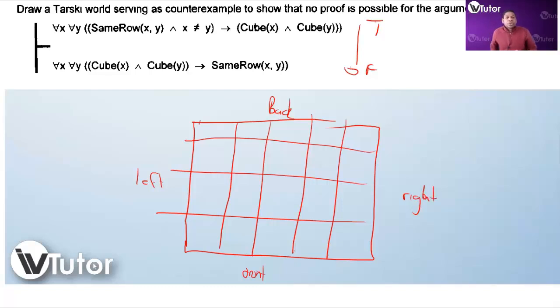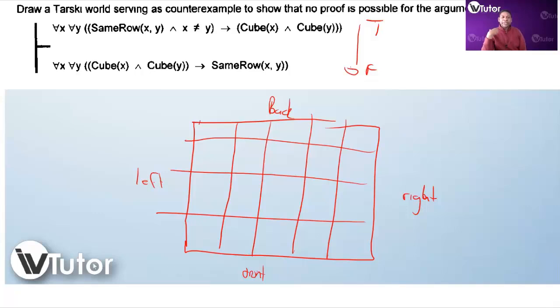It says all objects that are in the same row and are not equal, x is a cube and y is a cube. So this statement says that cubes can only be in the same row.